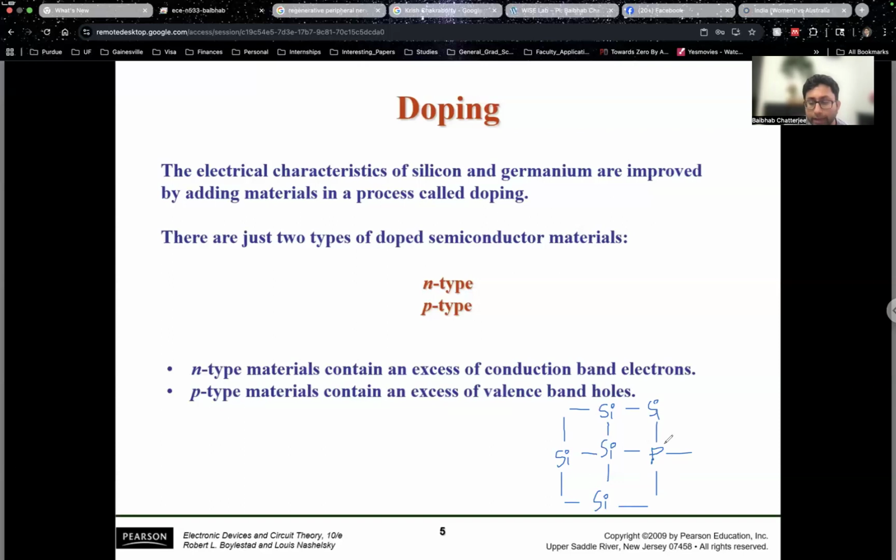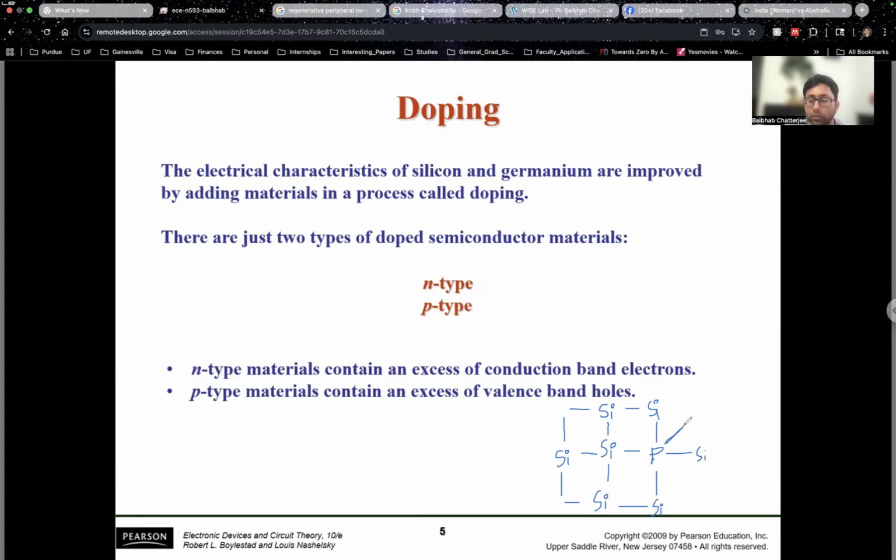So there is 1 extra electron for phosphorus. It can bond with 4 silicon atoms on 4 sides. So let's say there is a silicon here, there is a silicon atom here. But it will still have this 1 extra valence electron or outer shell electron.